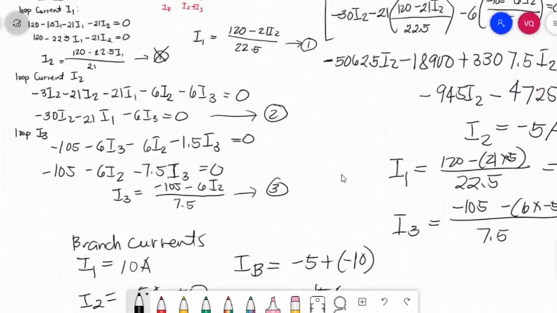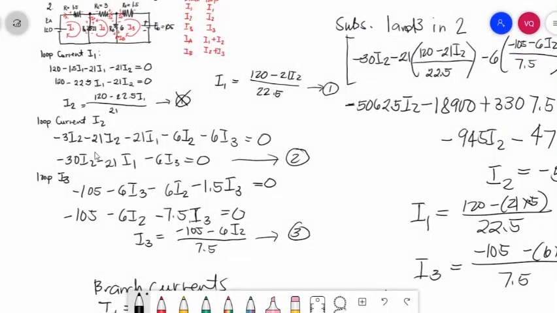Okay? So, try to solve the branch currents using the determinants or the Cramer's rule. So, mas madali yun kasi mag-input lang kayo ng mga values. And using matrix, Cramer's rule, makukuha nyo na yung mga loop currents, I1, I2, and I3.